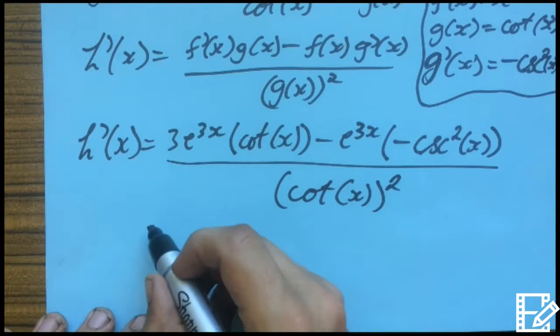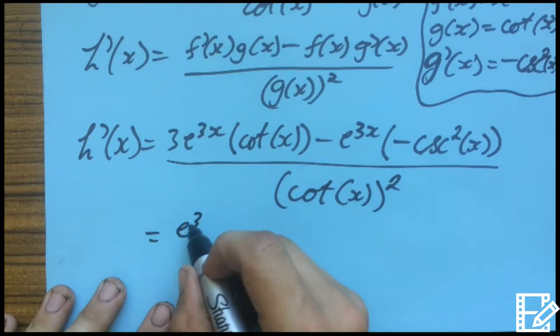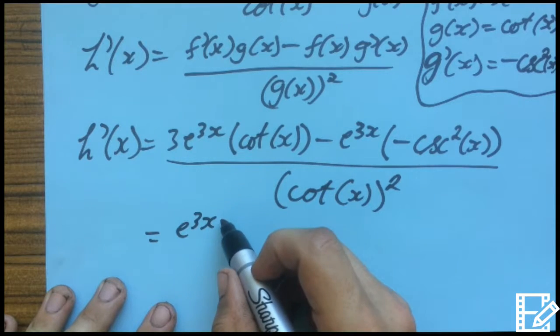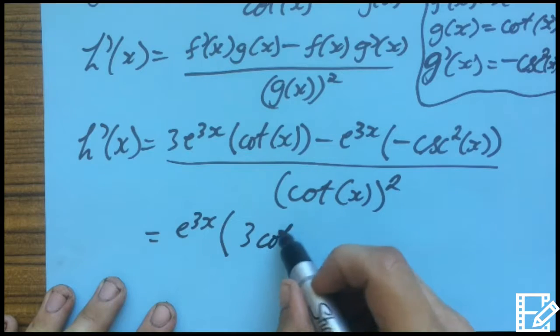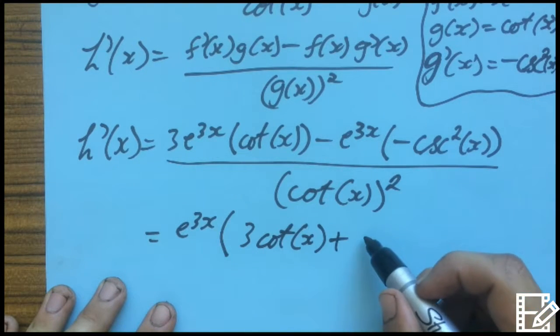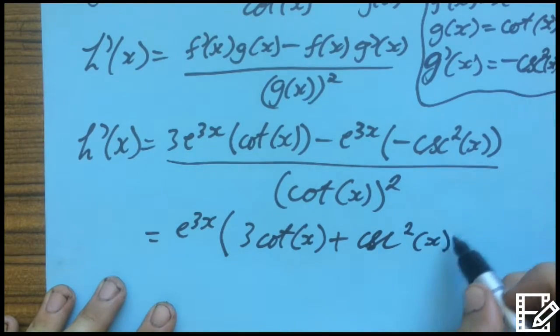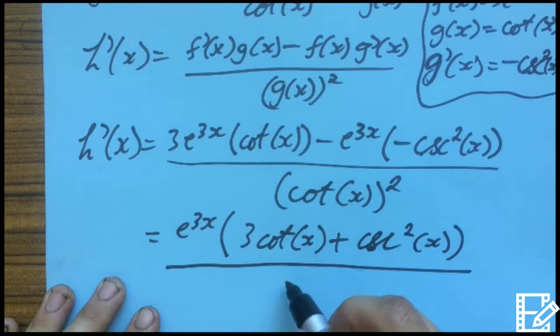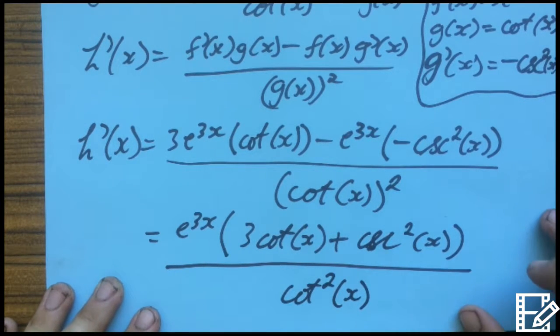So, if we factor it out, we end up with e to the power of 3x multiplied by 3 cot x minus plus cosec squared x, all over cot squared x.